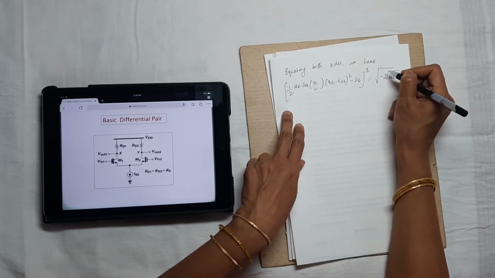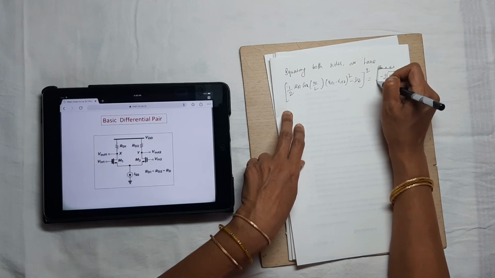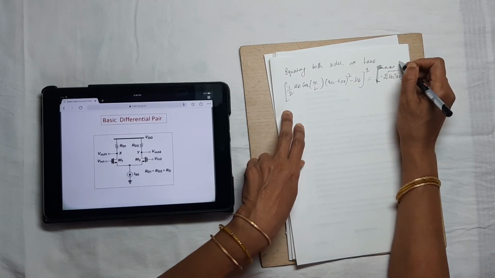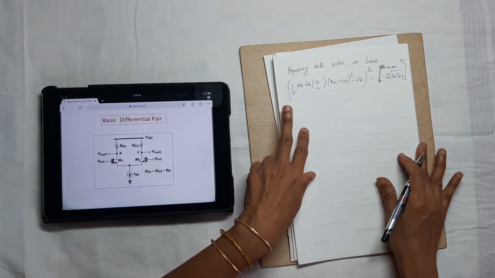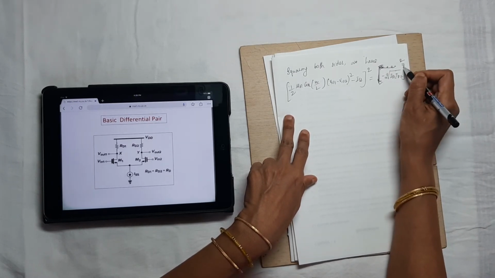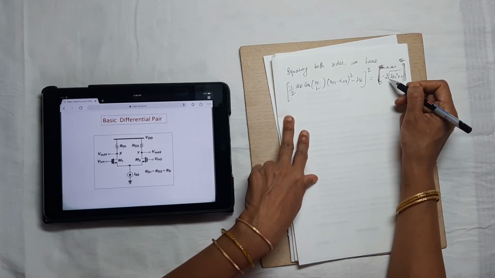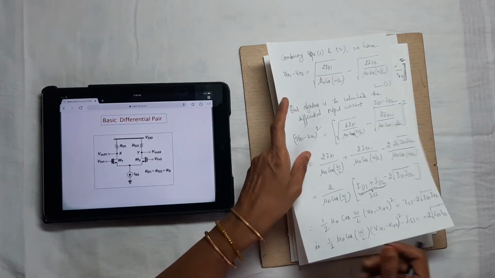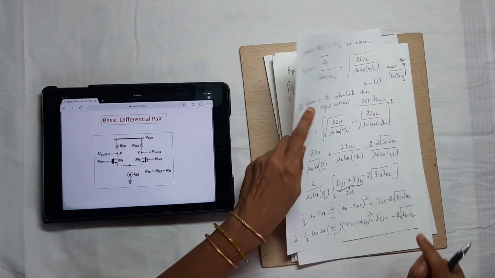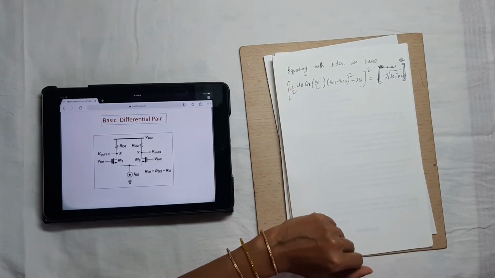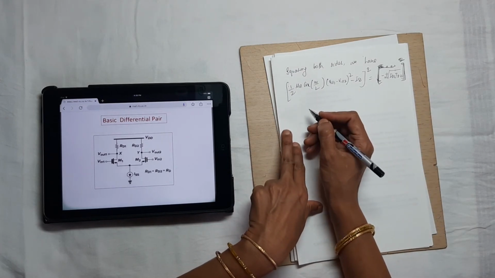This is bracket and square for it, 2 times minus 2 times id1 id2 and the square for this. Now let us expand this.